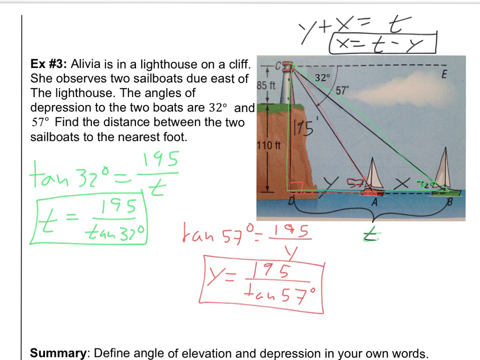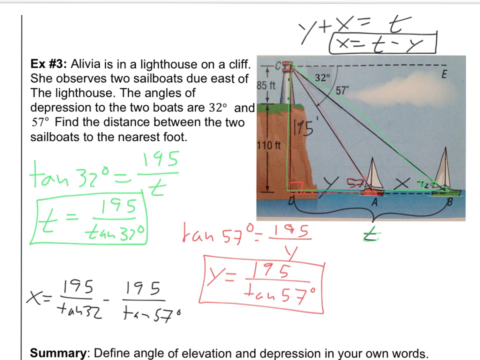And now I'm ready to plug into my calculator to find x, because remember, x equals t minus y. So I know that x equals 195 over tangent 32 minus 195 over tangent 57. I'm going to plug this all into my calculator at once. I'm going to do this part first, then hit the minus button, and then do this part and hit equals, and I think I'll get the most exact answer that way.